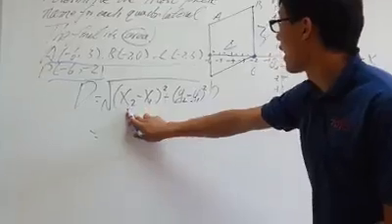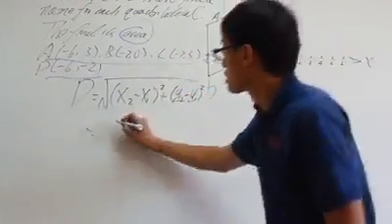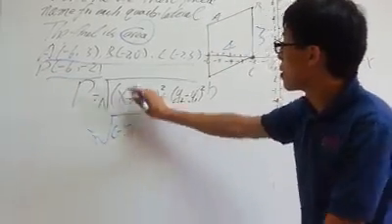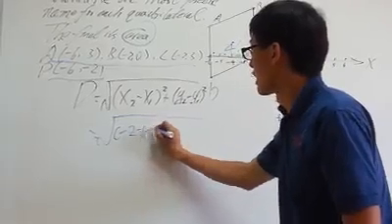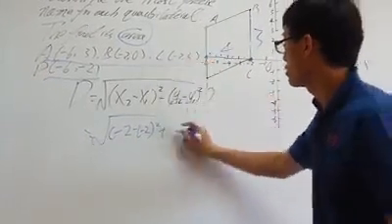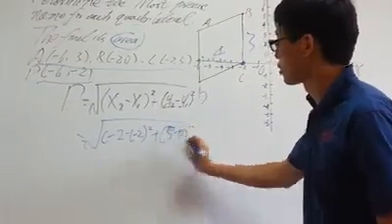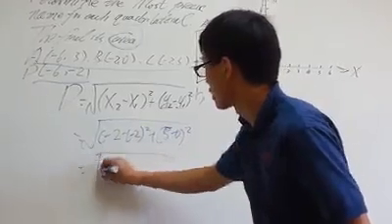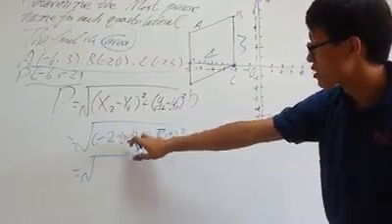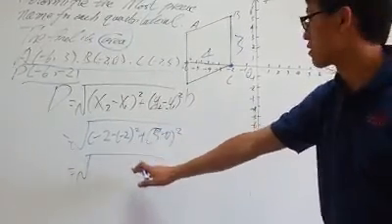We got negative 2 minus negative 2 squared plus 5 minus 0 squared.